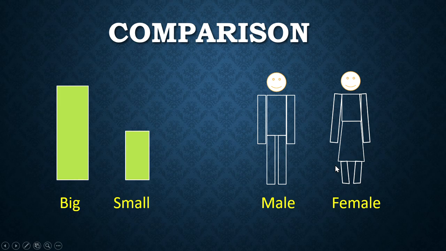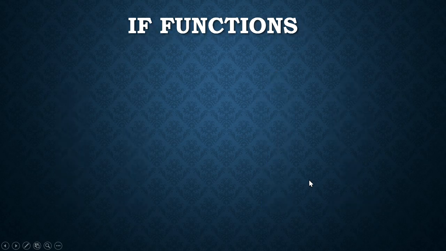So a comparison gives results based on a condition. The people who meet the condition, or the aspect that meets the condition, is the one that passes. So we have comparison situations in life.